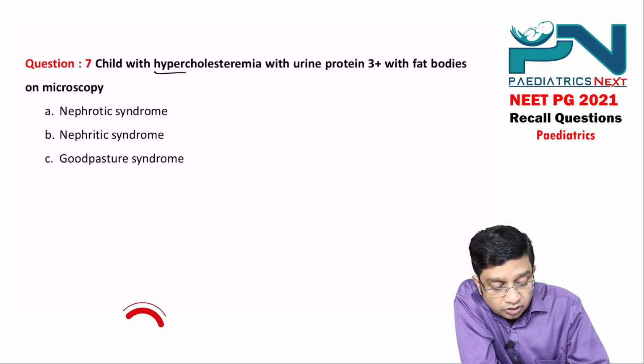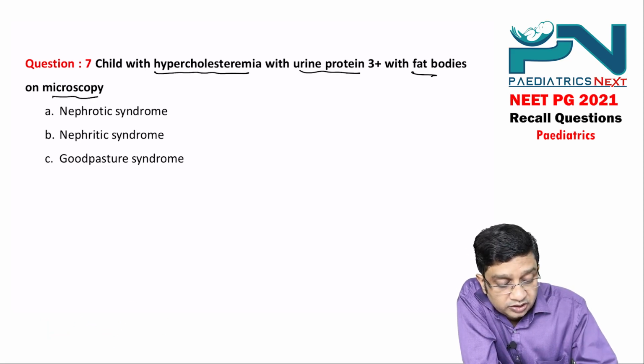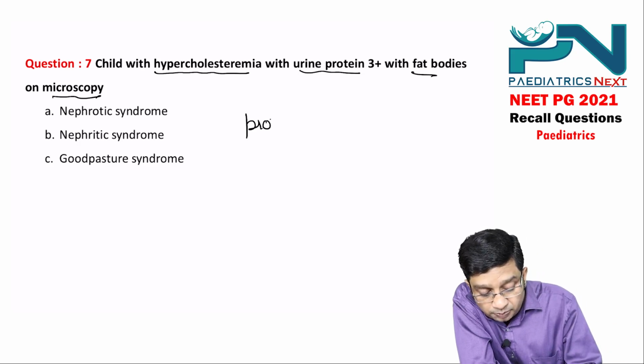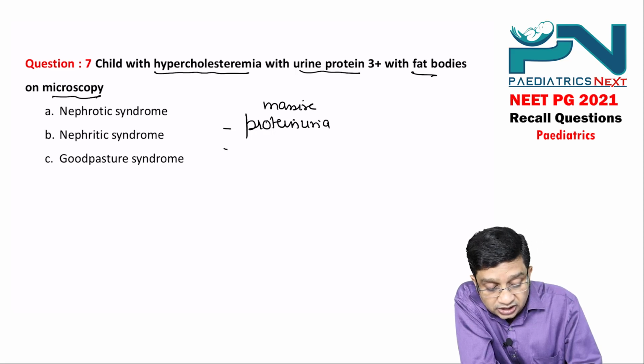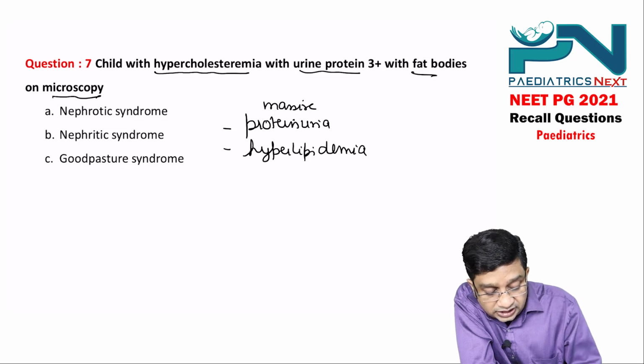Child with hypercholesterolemia, urine protein 3+ with fat bodies on microscopy. So you are being given here that there is presence of proteinuria, and this is a massive proteinuria because it is 3+, more likely in the range of nephrotic range. Then there you are being given there is hyperlipidemia, and finally it is also being given that there is lipiduria.